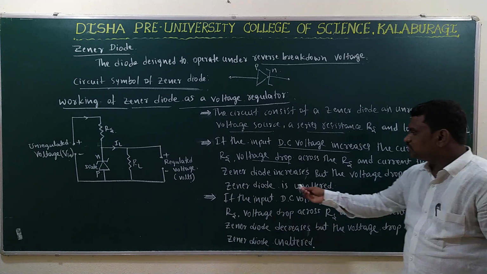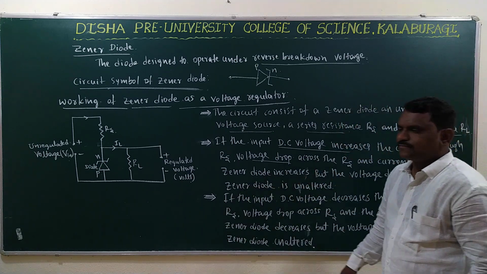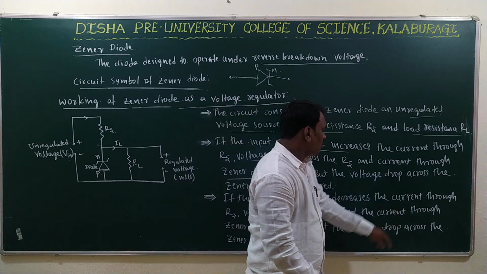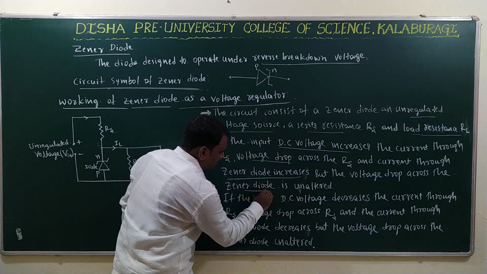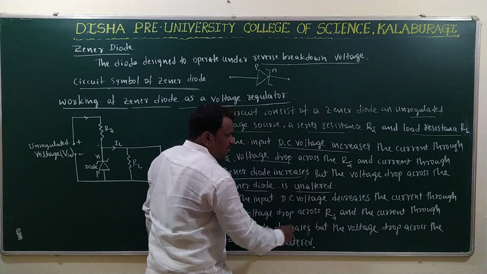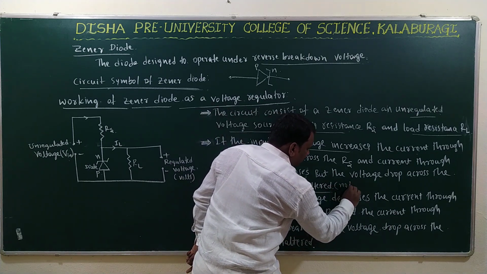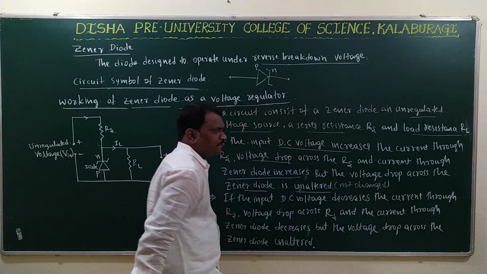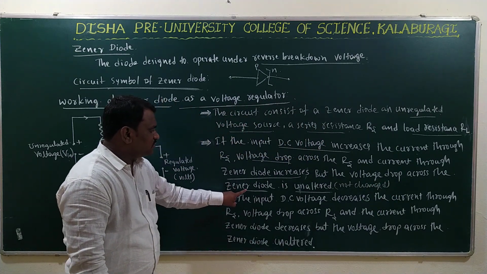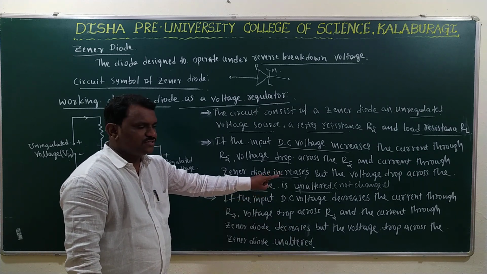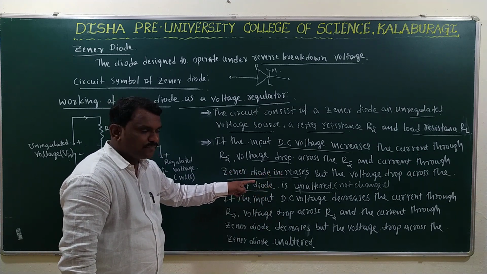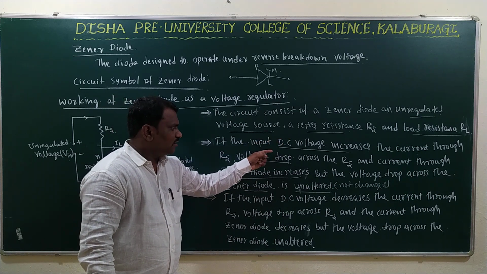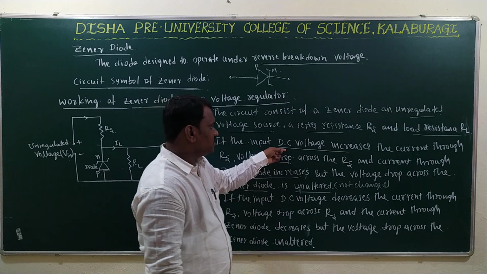The current through the Zener diode increases, but the voltage drop across the Zener diode is unaltered. Unaltered means not changed. The voltage across the Zener diode does not change, but the current changes according to the increase in the unregulated DC supply.